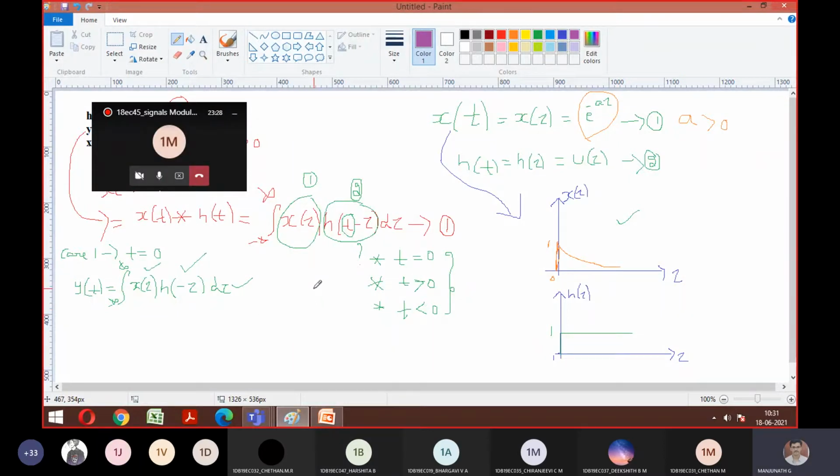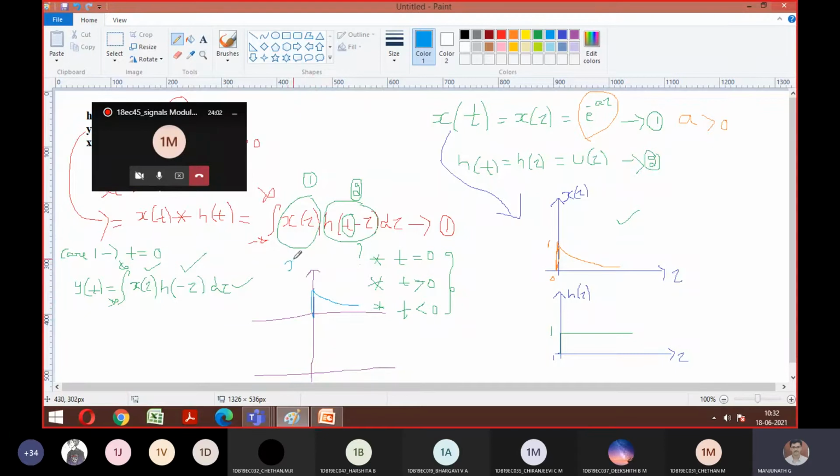Good. So let me try to trace in one graph. I will keep space for both together. We already know how x of tau is plotted. Similarly, after plotting h of t minus tau, it is going to be done. Try to write the things one below the other so that you can come to know whether mixing of signal or convolution happens or not. If we write the original signal, that is x of tau, at 0 it is like this, which you already did.